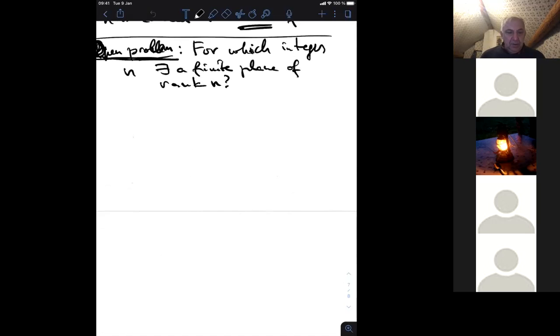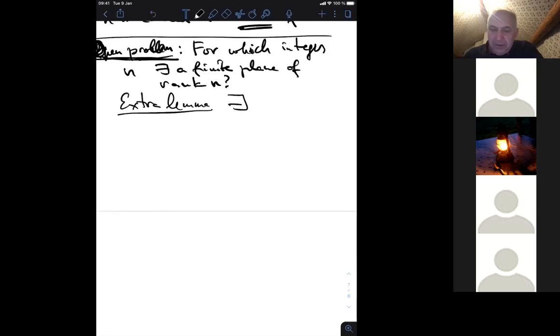Okay, and here is how it goes. Let's see, do we need one additional lemma? An extra lemma first, not very difficult.